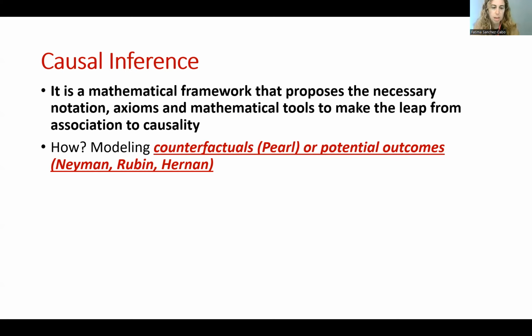On the one hand, Pearl, trying to model the counterfactuals, and Hernan, in my opinion, more on the ground, trying to implement what was already proposed by Neyman and Rubin years ago, the potential outcomes framework.